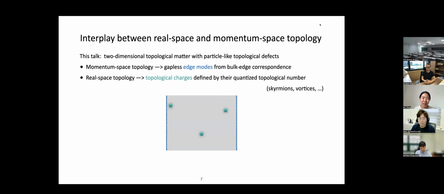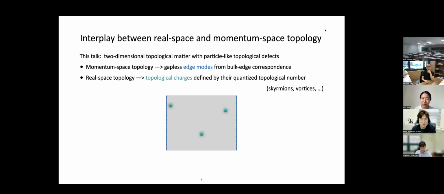So let me focus on a 2-dimensional topological matter, where the momentum space topology is given by the topology in electronic band structure.